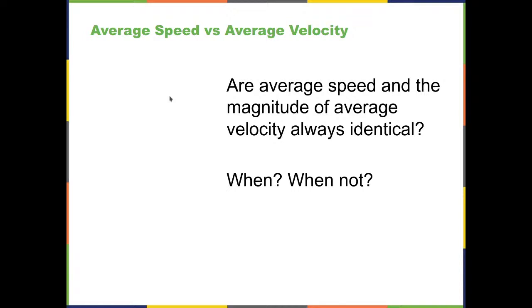It is similar to the question we had on Friday, and the solution is similar: if it's always in the same direction, then the speed is always equal to the velocity. In other words, when the velocity is positive, the average speed and the average velocity will be the same.